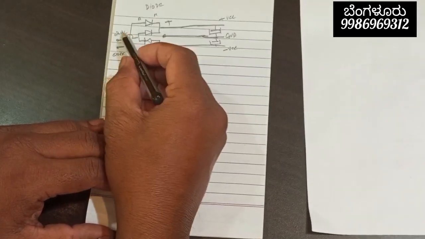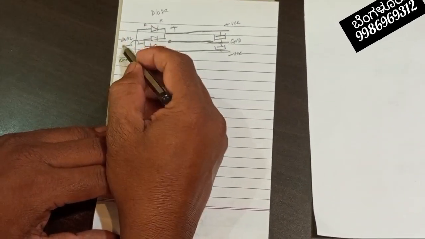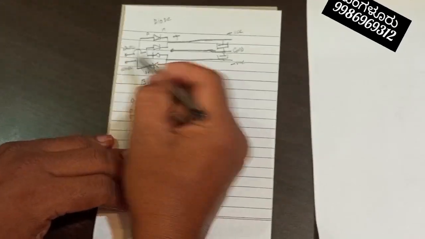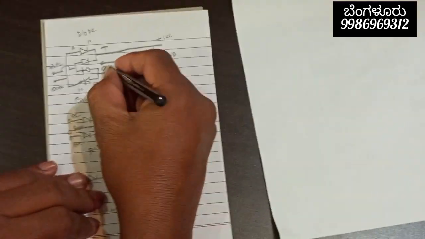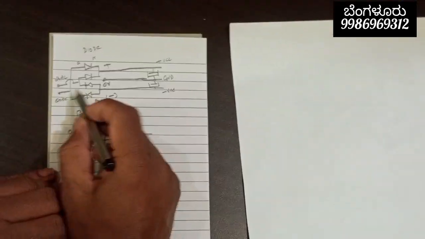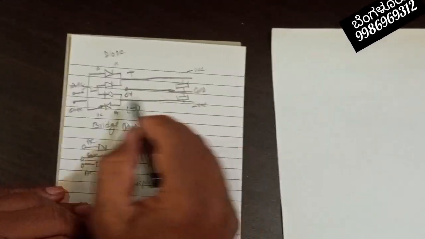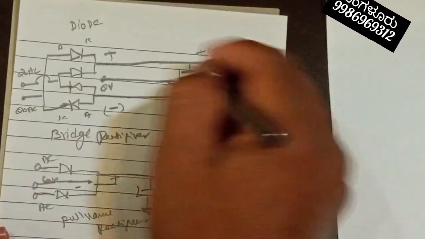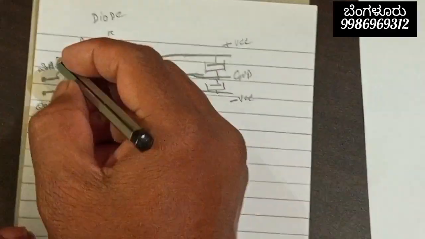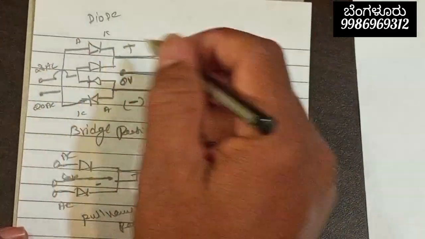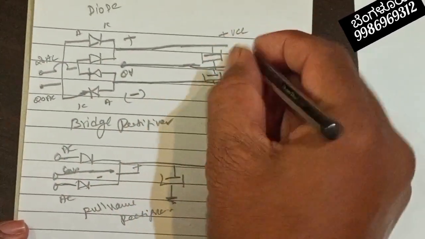From the 20 we'll be connecting one end here, the other end here, and the common ground is here. This is called 0 volt. So this is the power supply that you have to design. If you are feeding 20 volts here, you are supposed to use a capacitor rated almost 1.5 times more.